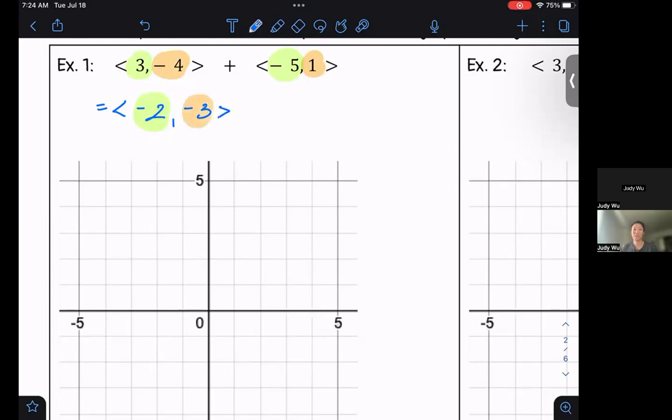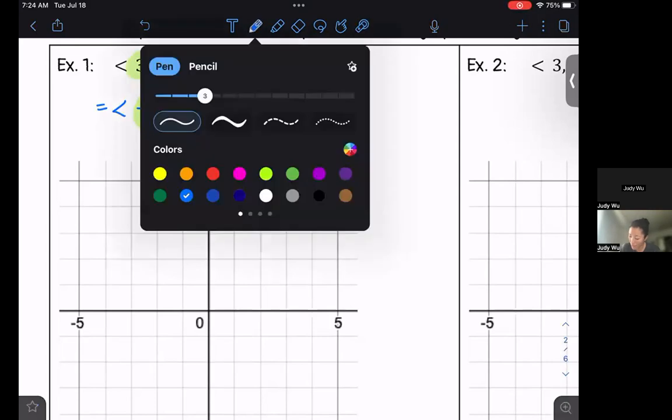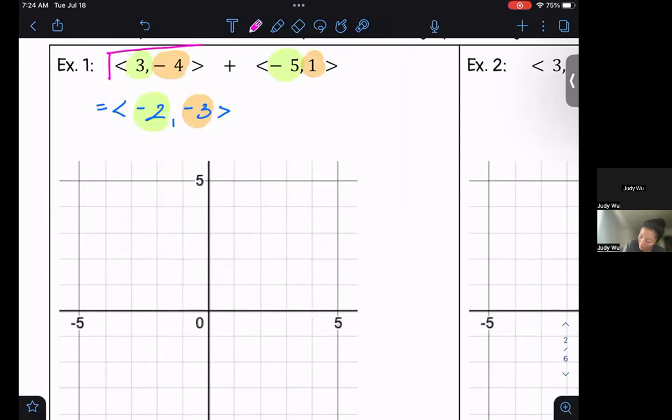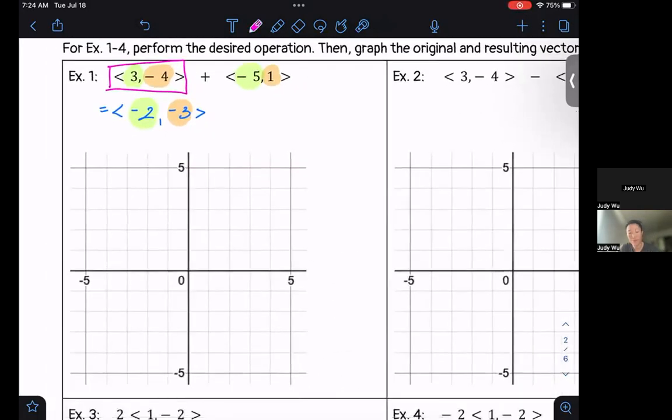Okay, so that's sort of the process, but what are we really doing? Okay, let's go ahead. We're going to graph this first vector using pink. Okay, so 3, -4 means that I'm going to start from the origin. I'm going to go over 3 and up 4. Just kidding. We're not going up 4, right?